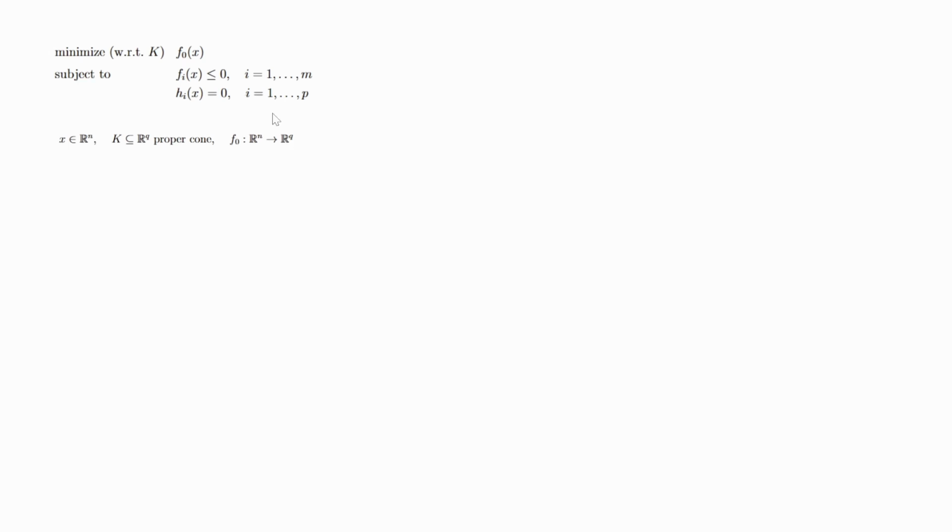So before, f_0(x) would evaluate to a real number, but now it's in R^q space. And as we've seen before, K has to be a proper cone because it tells us how to compare objective values. So we use the generalized inequality induced by K. In other words, if x and y are both feasible, we say x is better than or equal to y if f_0(x) is less than or equal to f_0(y) with respect to K.